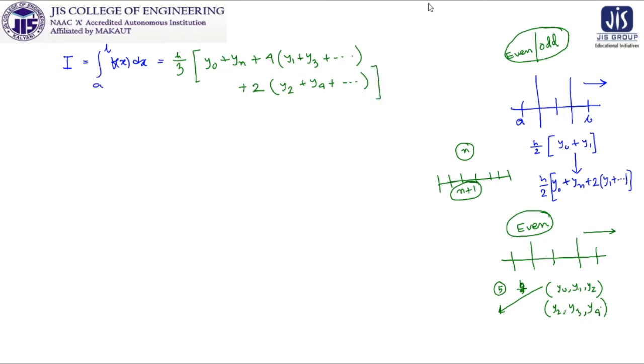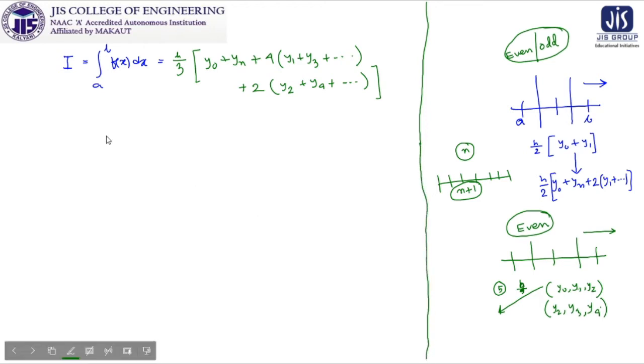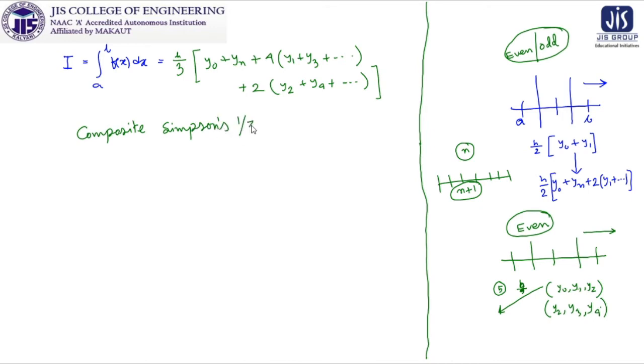This is our working formula or working rule for Simpson's one-third rule, and to be specific, as in the trapezoidal rule, this is actually our composite Simpson's one-third rule.